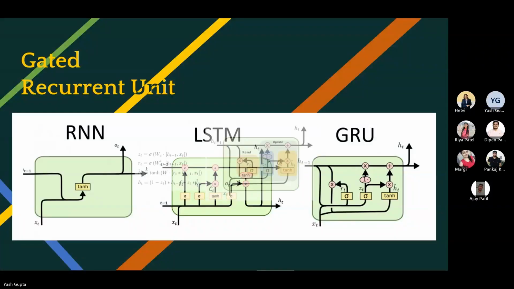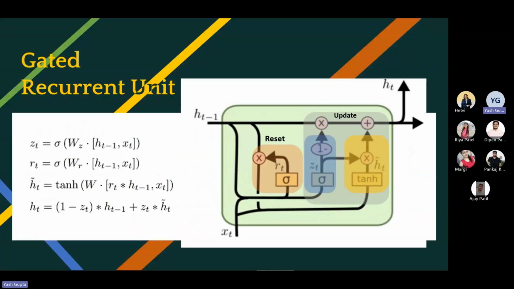The gates are reduced from 3 to 2. Operations are also reduced. The number of vectors required, the weights, everything has been cut down short from the previous version. So the main important impact GRU plays is for the people with smaller data sets who need to train their model.